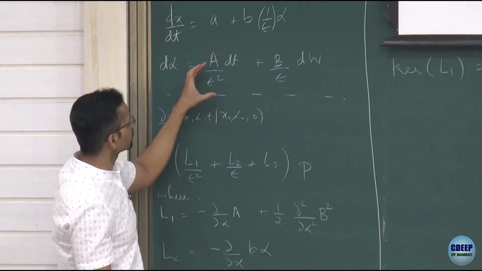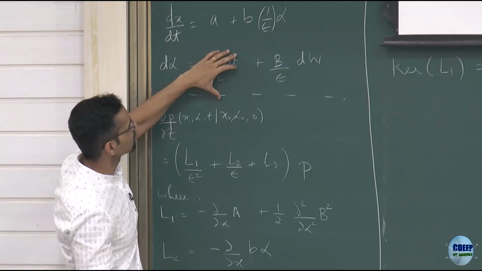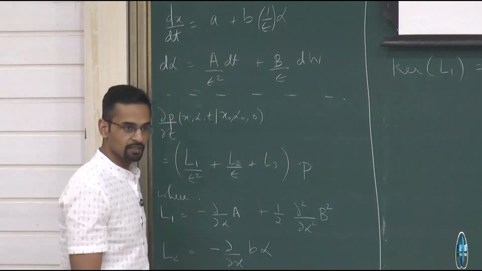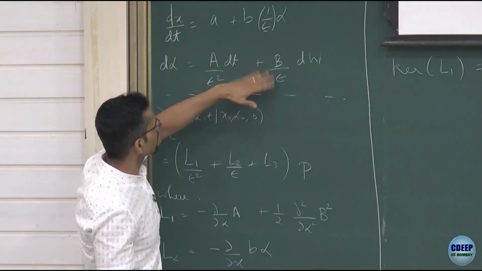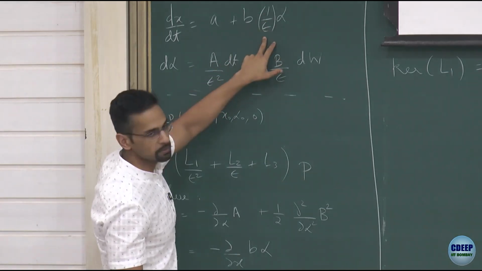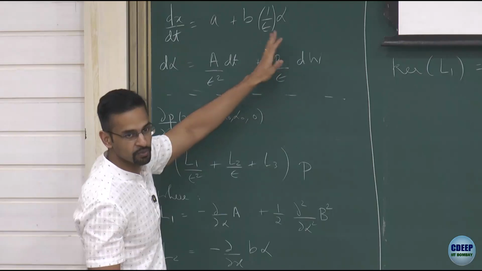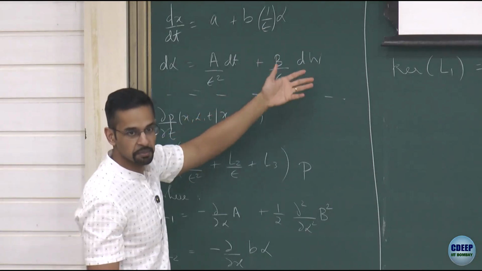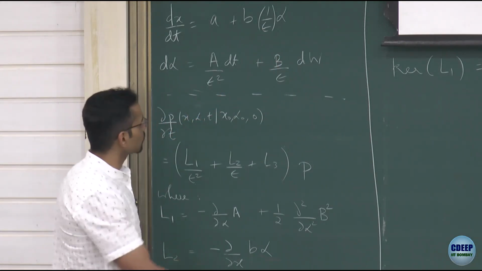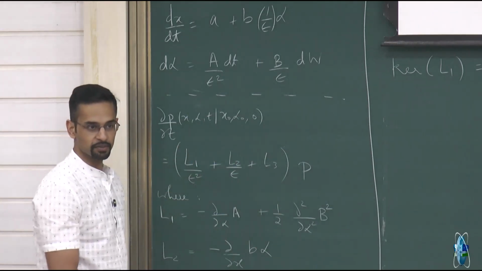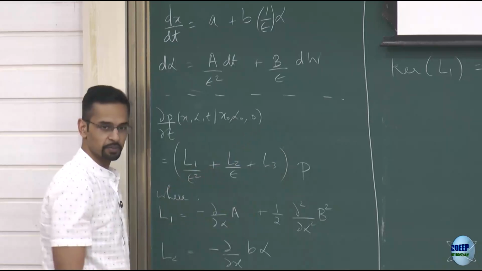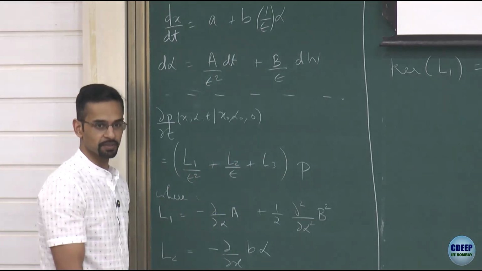The time correlation is sitting here, and that is shrinking to 0 as epsilon goes to 0. To account for that, so that it doesn't vanish, you have a 1 by epsilon, so that it gives you the white noise behavior of infinite variance, but delta correlation in time. All this we saw in the last class. Now we have formulated it in this precise way, and all we need is to take the limit of epsilon going to 0 and see what happens.